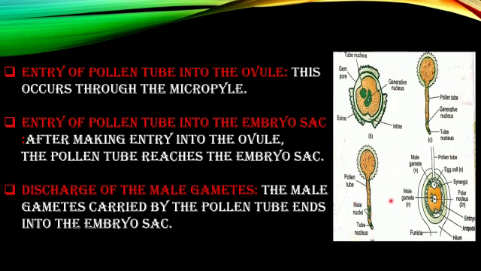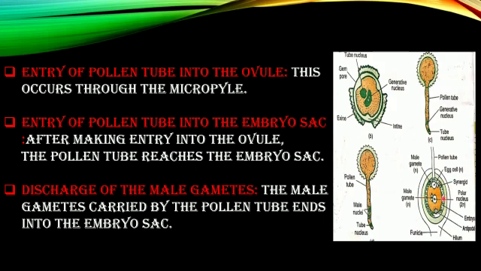Second is the entry of the pollen tube into the ovule. You can see the pollen tube is entering the ovule. When it enters the ovule, it carries the generative nucleus. Then the entry of the pollen tube into the embryo sac. When it enters the ovule, the pollen tube reaches the embryo sac.